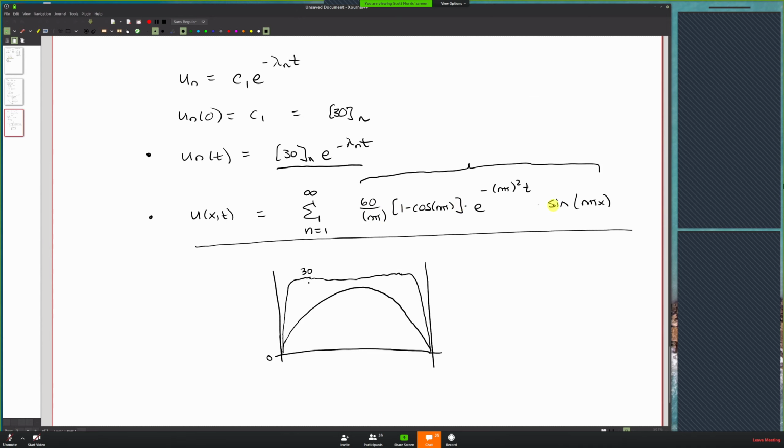Well, at t equals 0, how does this series decay in n? I would cover up this term because it's just 1. And so the decay rate in n would just be 1 over n, right? Right here, 1 over n.